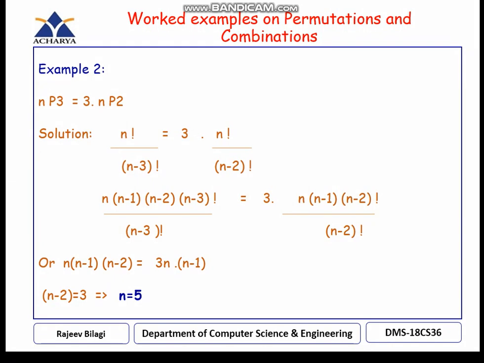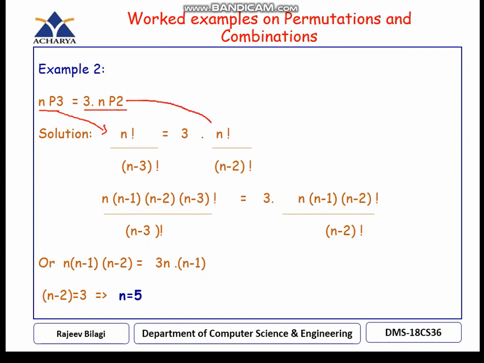Another problem: nP3 is equal to 3 into bracket nP2. Okay, so with this I can write n factorial divided by (n minus 3) factorial, and here 3 as it is I have kept.